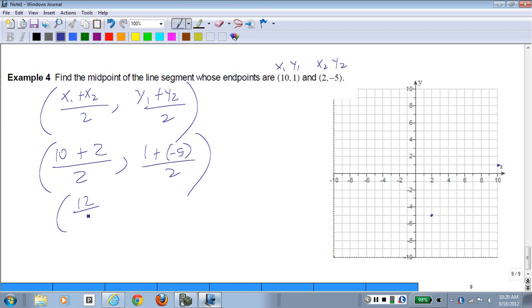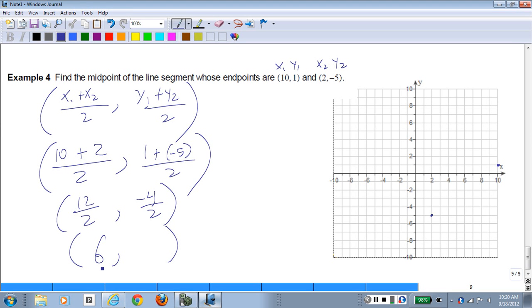This looks like 12 over 2. This looks like negative 4 over 2. So what number is halfway between 10 and 2? I guess it's not obvious that that's 6, is it? 6 is halfway between 10 and 2. It's kind of 4 units away from either one of them.